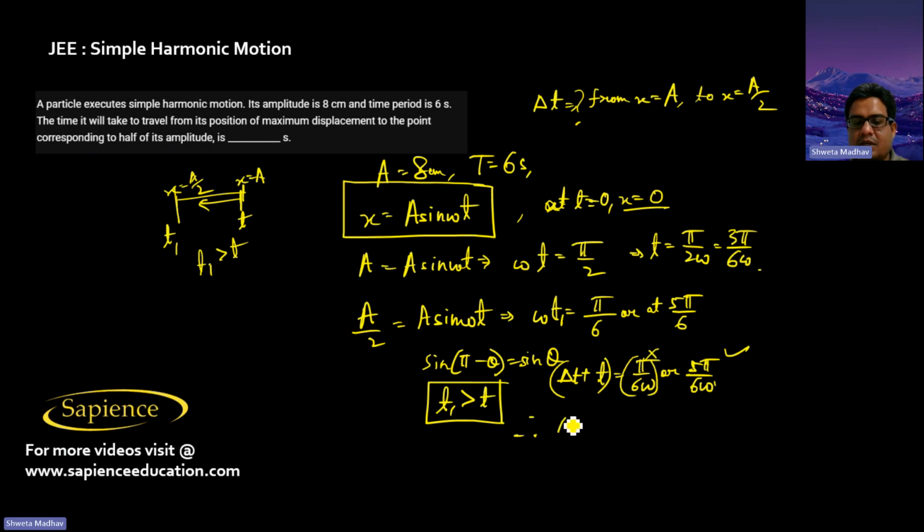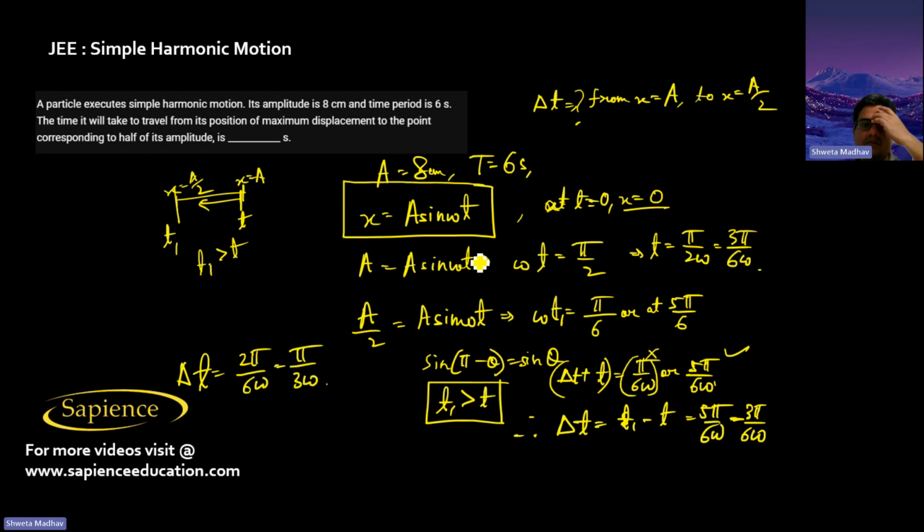So delta t, that is t1 minus t, is 5 pi by 6 omega minus 3 pi by 6 omega. So the time interval delta t is 2 pi by 6 omega, that is pi by 3 omega.